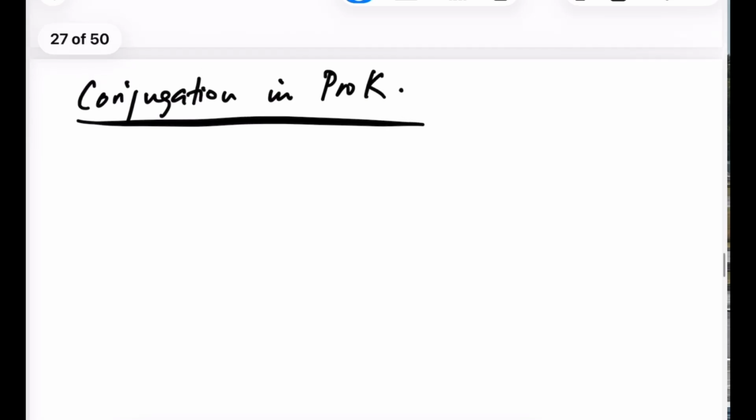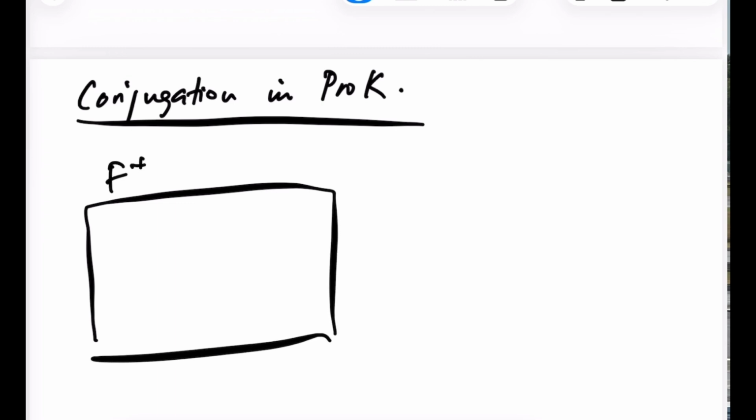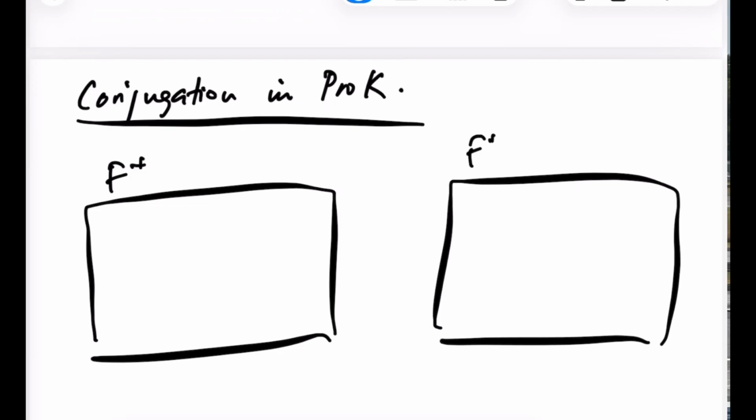Okay, so you have your F plus, and then you have your F minus. Okay, so what happens here is, in this case, you're talking about the plasmid that is double-stranded. In here, there might be useful genes, antibiotic resistance gene, or any other drug-resistant gene.